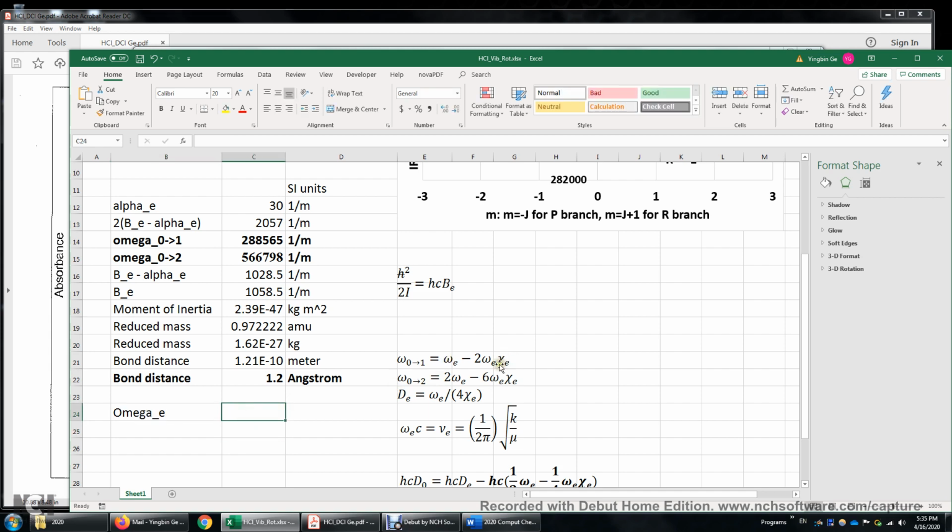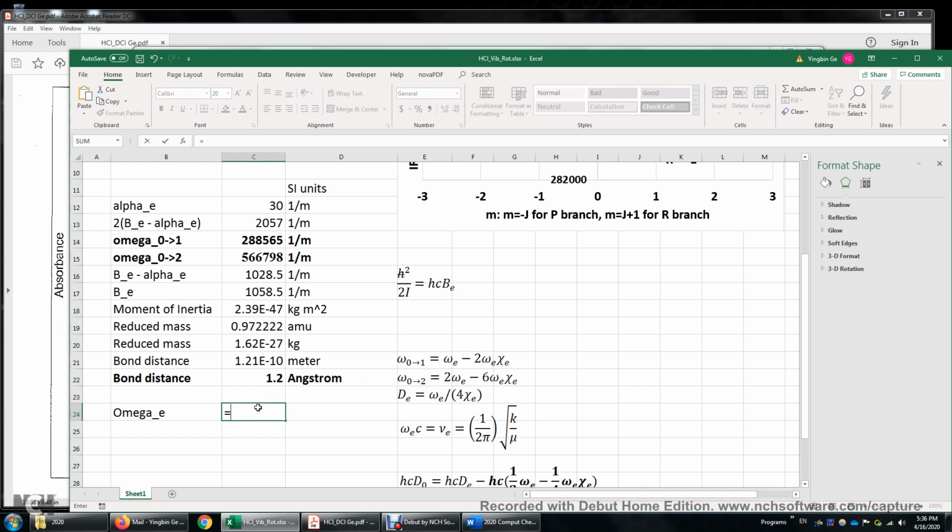If you look at this omega E chi as a whole, just treat this as a variable and then multiply the first equation by 3. And then you will have 3 times omega 0 to 1 equals 3 omega E minus 6 omega E chi. And then this minus 6 and this minus 6 can cancel. Therefore, omega E is simply 3 times omega 0 to 1 minus omega 0 to 2.